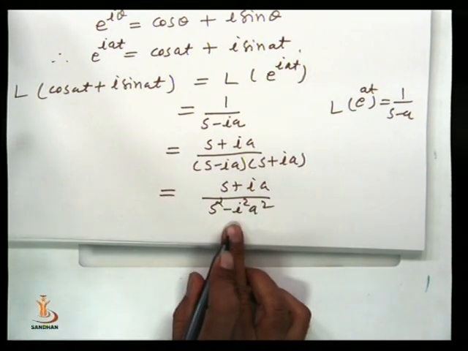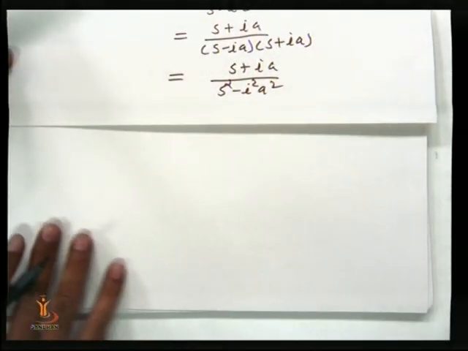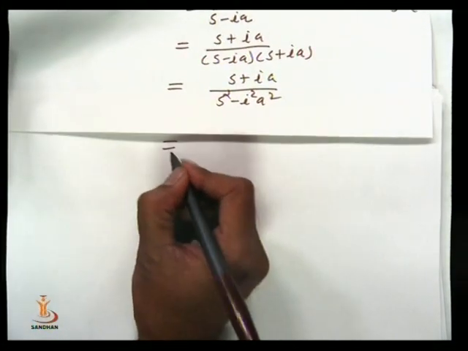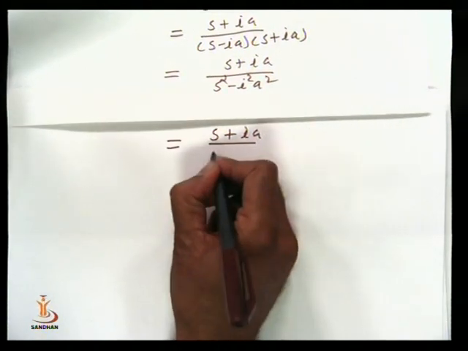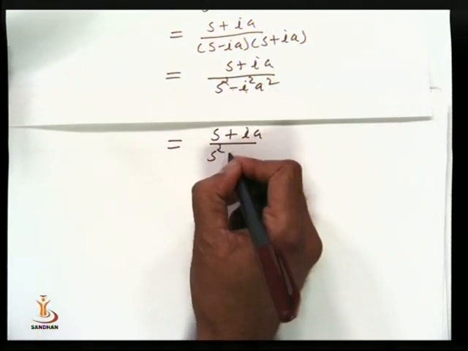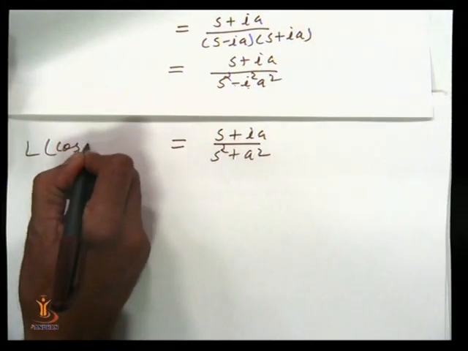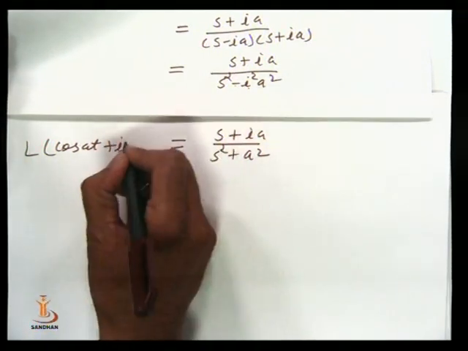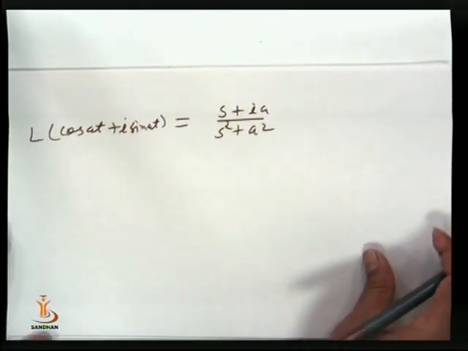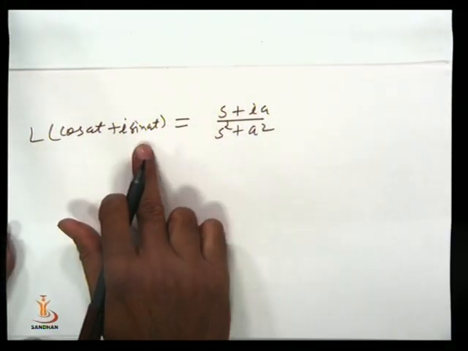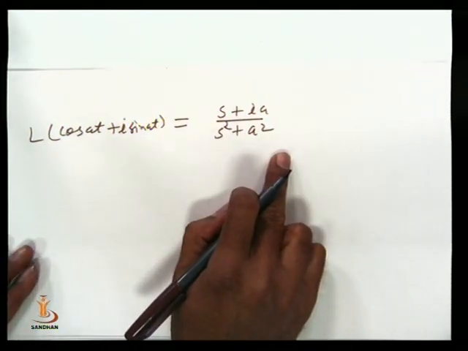But we know that i square equal to minus 1. So here we put i square equal to minus 1, and we get s plus ia divided by s square, minus minus plus, a square. And in the left hand side we have Laplace of cos at plus i sin at. So we have obtained Laplace of cos at plus i sin at equal to s plus ia divided by s square plus a square.